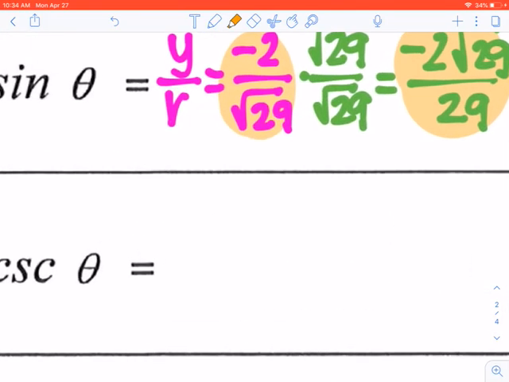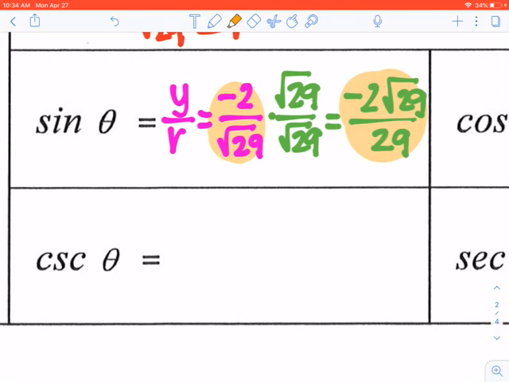Remember, these are reciprocals of the sine, cos, and tan. I would do the reciprocal here and not this one because I don't want to have to rationalize it again. Okay. So if I take the reciprocal of the original, I get root 29 over -2.